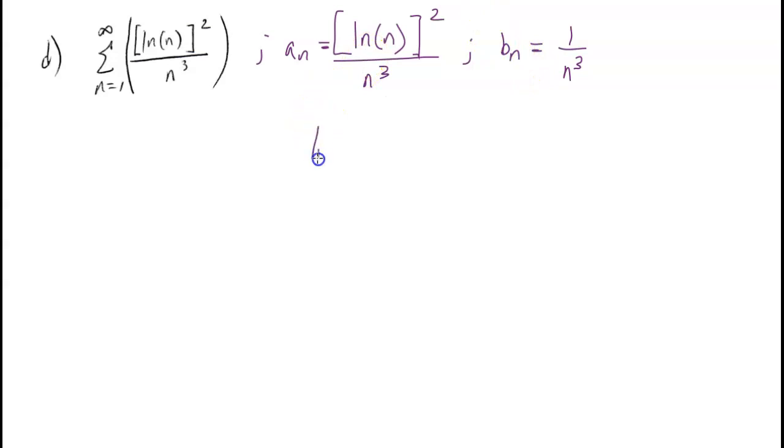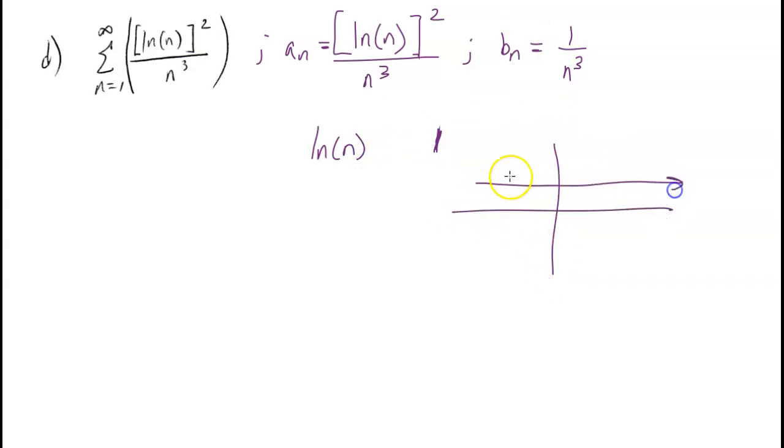Well, if we're just comparing natural log of n to 1, if I draw a graph of that, this will be y equals 1. Okay. And let's say we draw a natural log function, it's going to look like this. And the exact place where natural log of n equals 1 will be right here.